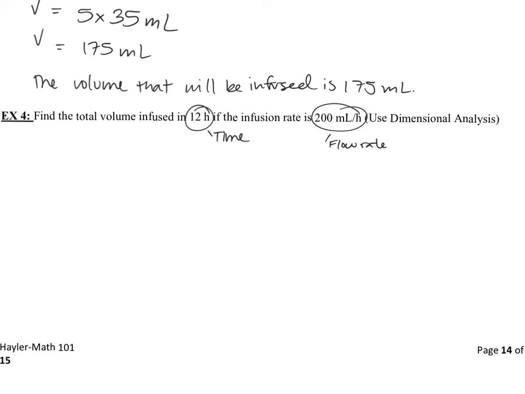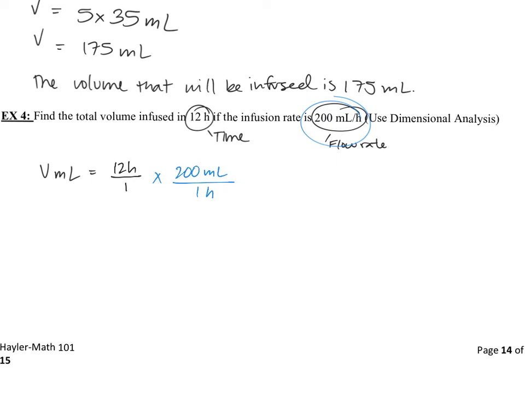So now what we're going to do is calculate. We're going to place our unknown on the left-hand side. We don't know how many milliliters that is. We're going to go ahead and multiply by the first factor, which is going to be the length of time, 12 hours over 1. Then we'll multiply this by the conversion factor, which is going to be the 200 milliliters in 1 hour.